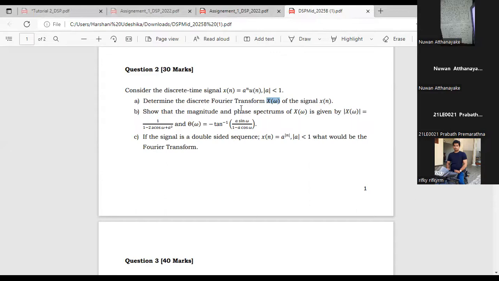You should be able to find the Fourier transform of the sine signal and the cosine signal. How do you find the Fourier transform of a cosine signal? Can anyone tell me?